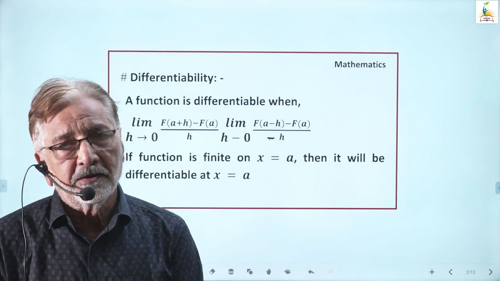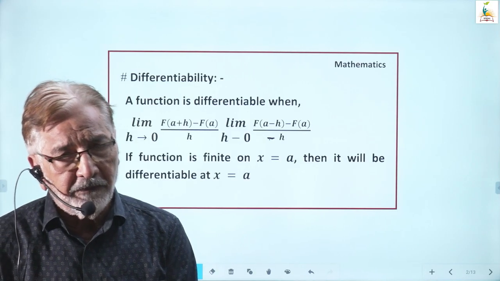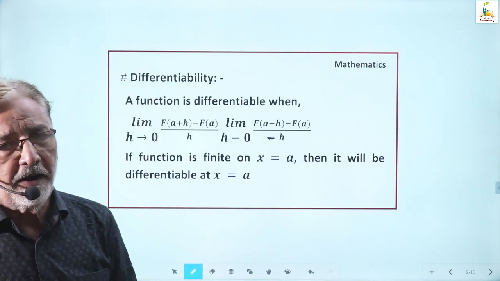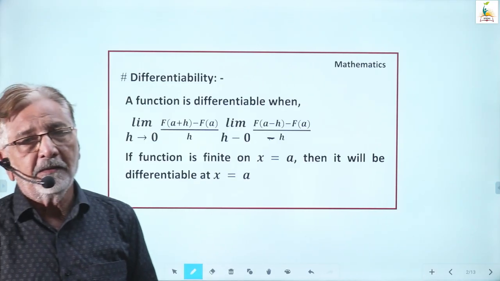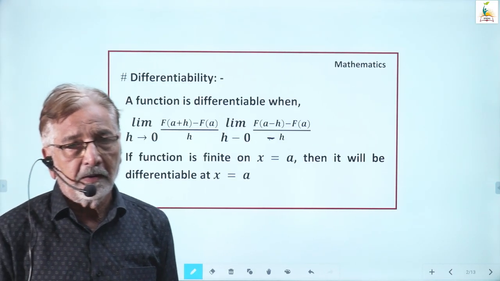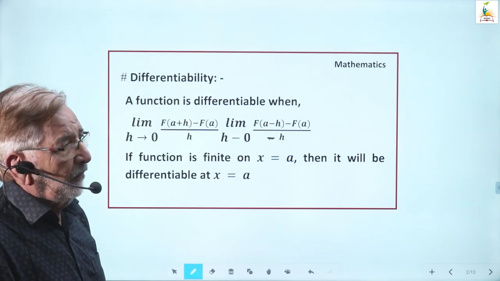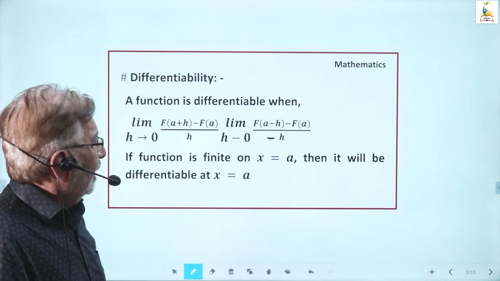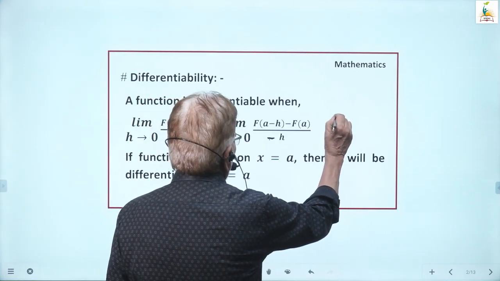If a function is not continuous at x equal to a, it shall not be differentiable there. But a function may be continuous at x equal to a, and it may or may not be differentiable.